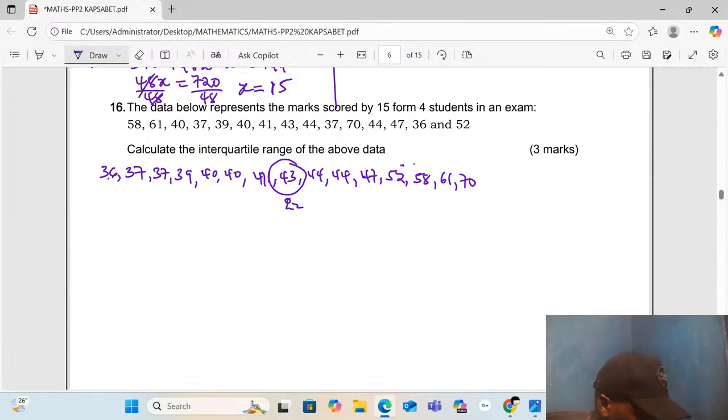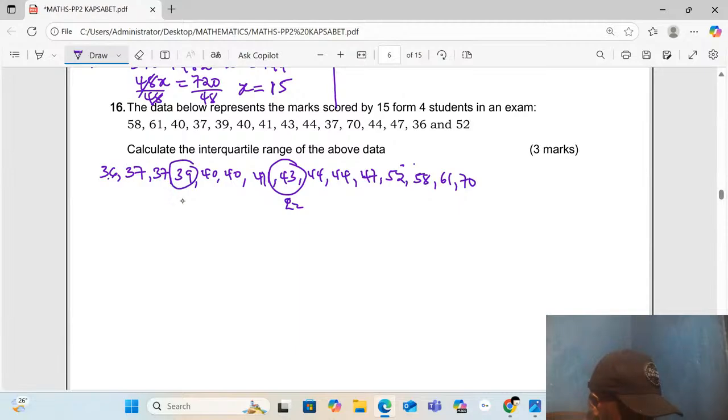Now Q1 is the middle value of the first quarter, and the first quarter runs from the first to the seventh value. That is 7. So the middle will be the fourth, so we count 1, 2, 3, 4.